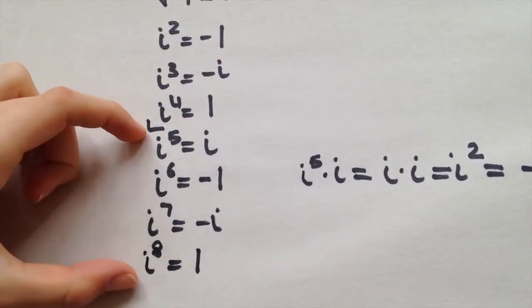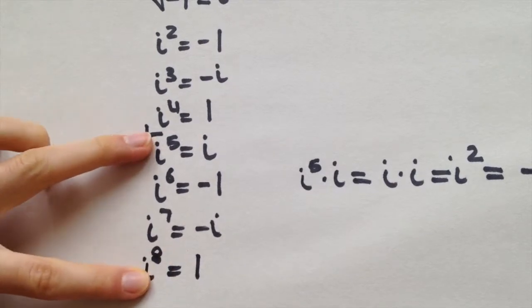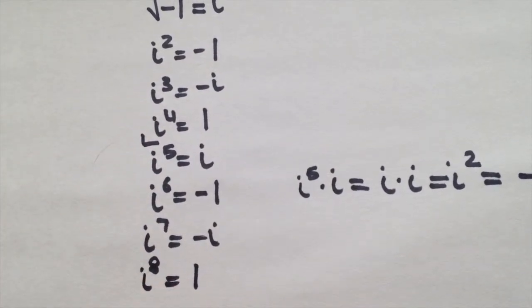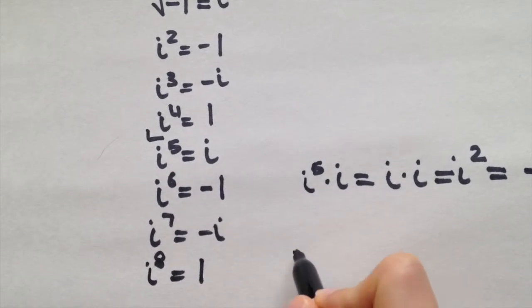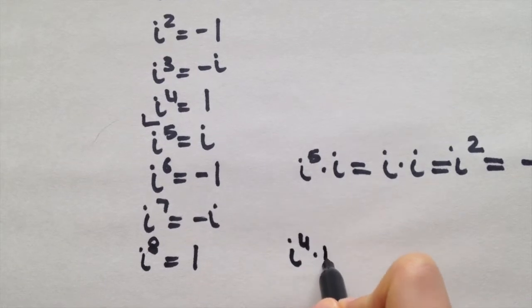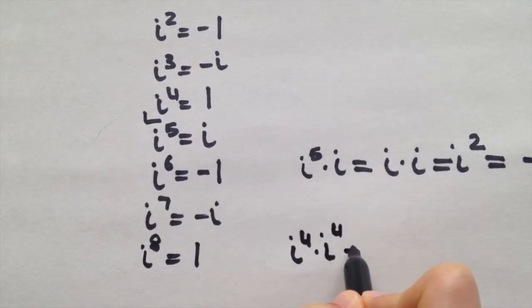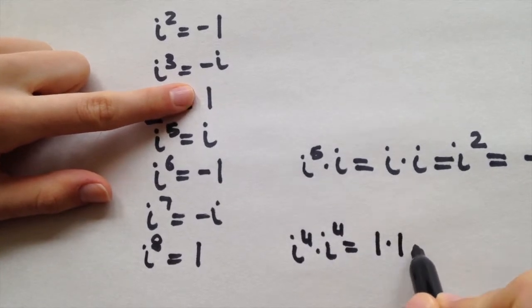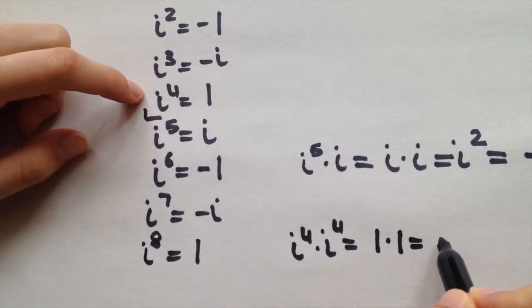And it does the same down here, right? So i to the power of 8 would be 1, because i to the power of 4 times i to the power of 4 equals 1 times 1. And 1 times 1 is 1.